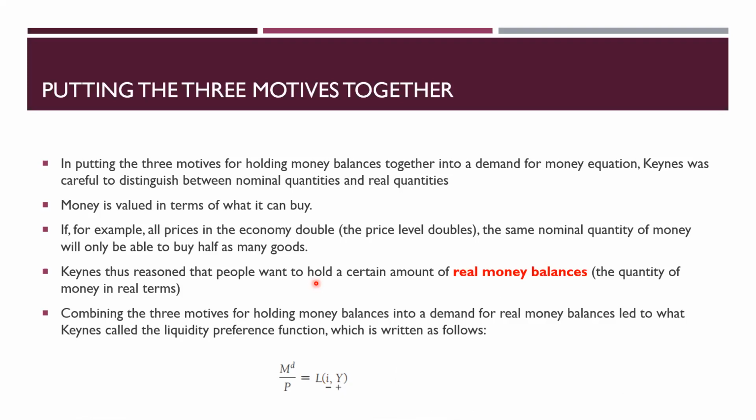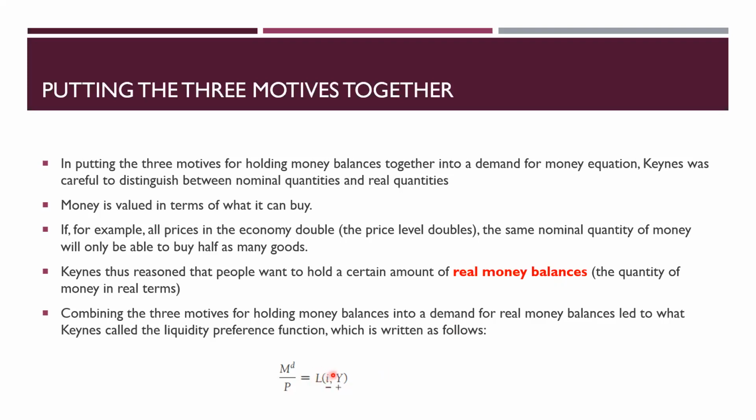So combining the three motives for holding money balances into a demand for real money balances led to what Keynes called the liquidity preference function, which is written as follows. MD is the demand for money, P is the price level. So if you divide money demand by P, we get real cash balances or real money balances, which is equal to a function of L, liquidity.